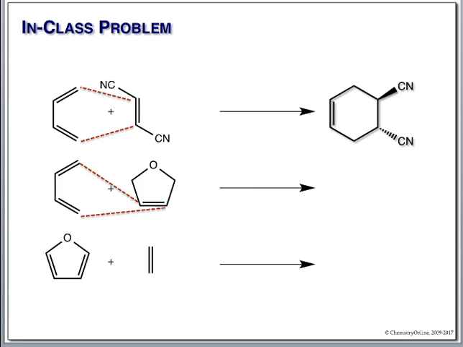So we're looking for a six-membered ring with a double bond, will be right there, attached to a five-membered ring with an oxygen. Simply going to look like this. The bonds that we made in this reaction are these. Here's our diene here, here's our dienophile, our five-membered ring fused to our six-membered ring.